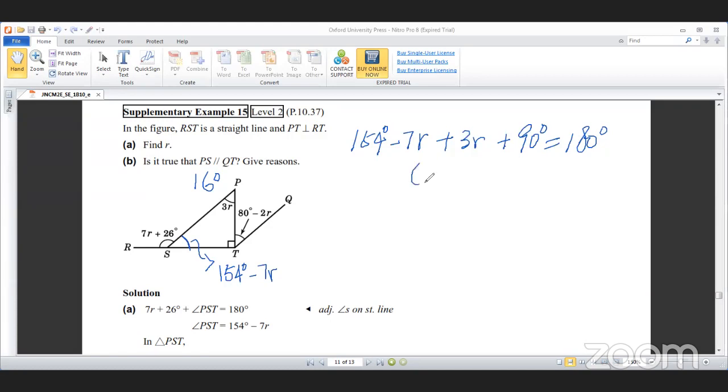The reason is angle sum of triangle, and you will get the same answer: R is 16.